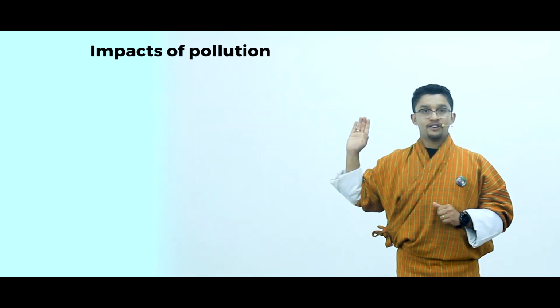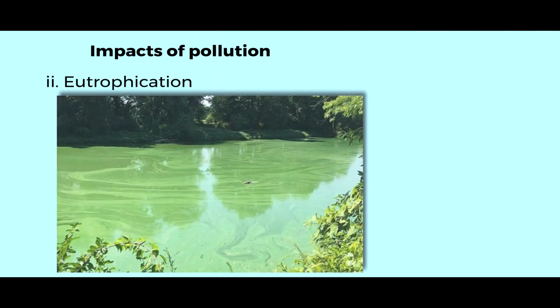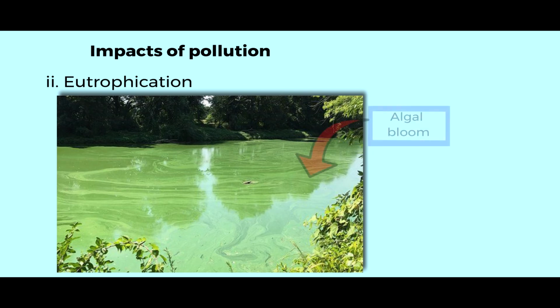The second one that I would like to show you is eutrophication. The water body looks green. Why is it? It is because of the fertilizers that we use in our fields. I mean the chemical fertilizers here. You see, when we use a lot of fertilizers, some of them might be used by the plants.